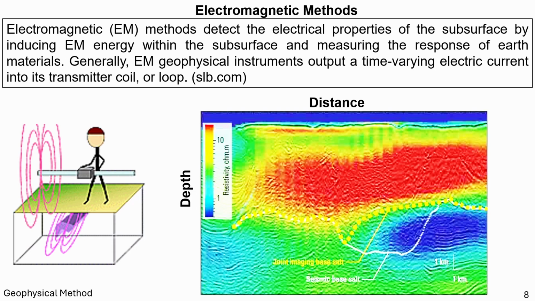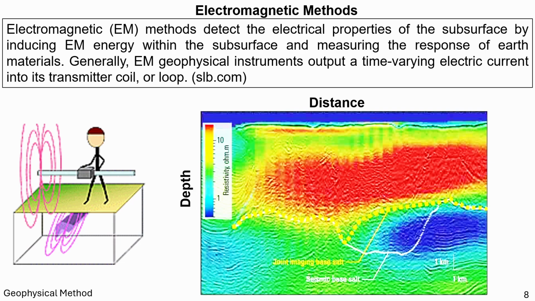The next method is electromagnetic, or EM, surveying. EM methods detect the electrical properties of the subsurface by inducing electromagnetic energy and measuring how Earth materials respond.